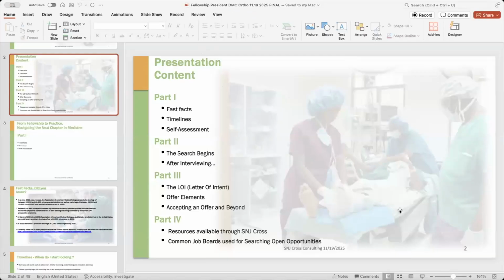I wanted to give you some insight on that. And then there are about 16 open positions for family medicine and sports med, posted on a link on a site called Practice Link.